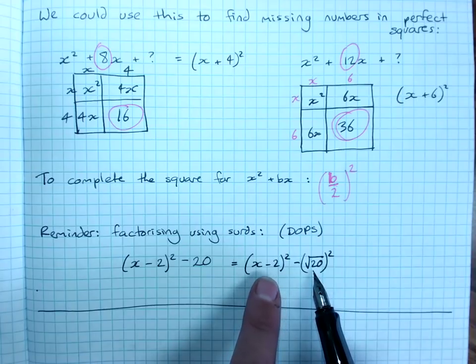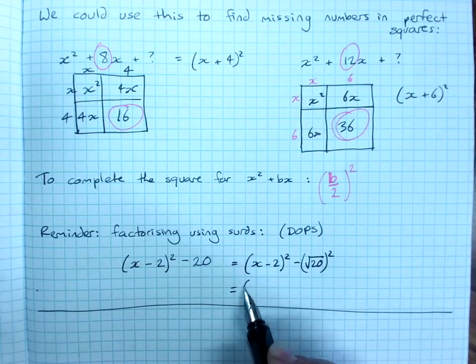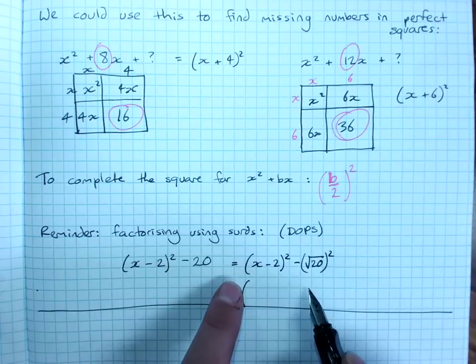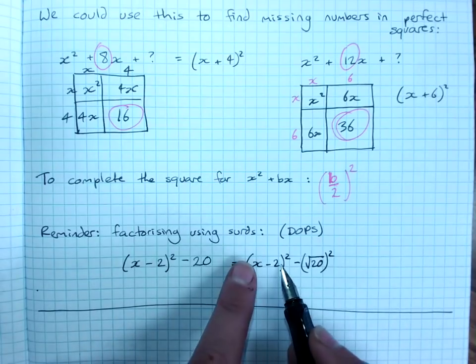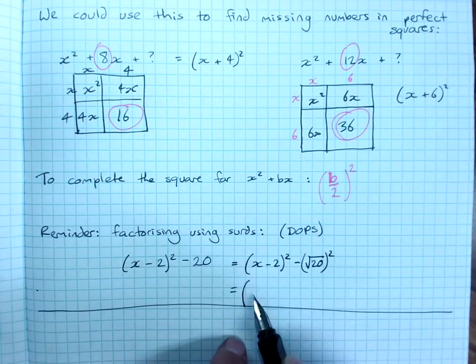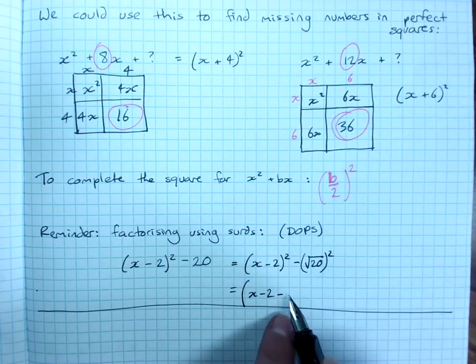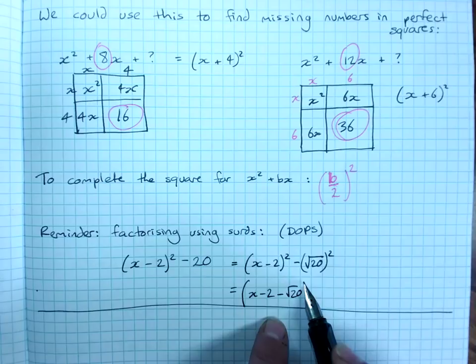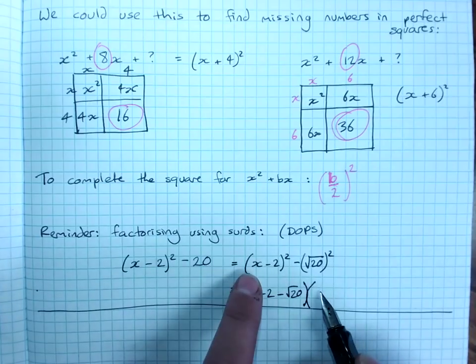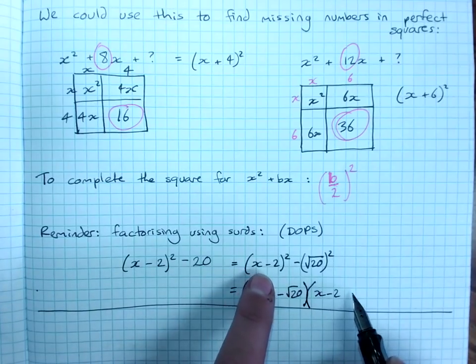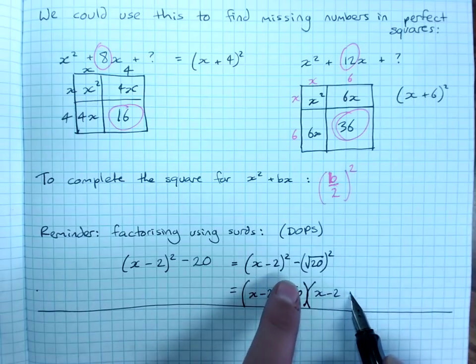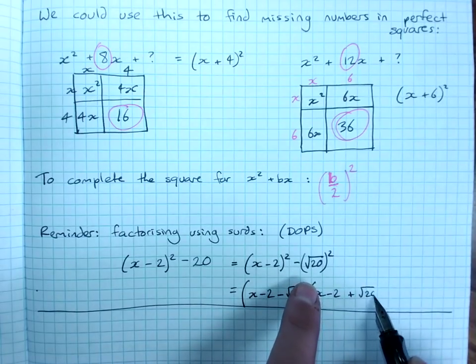To factorize a difference of perfect squares, I start with, in brackets, the square root of the first term, x minus 2, minus the square root of the second term. In the next brackets, I've got the square root of the first term, x minus 2, plus the square root of the second term.